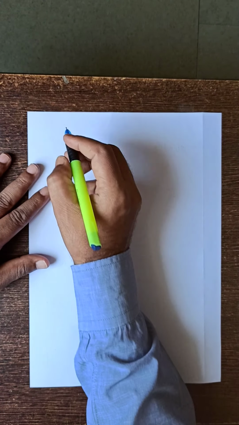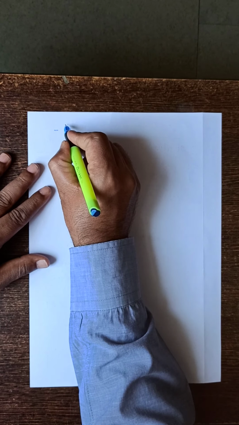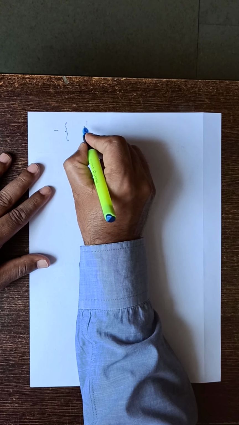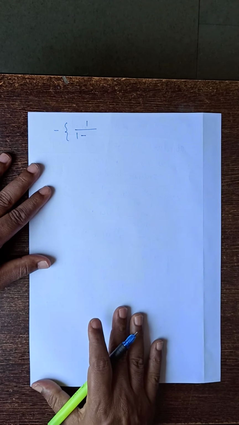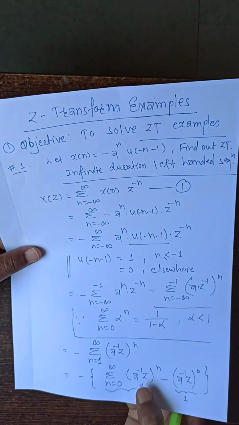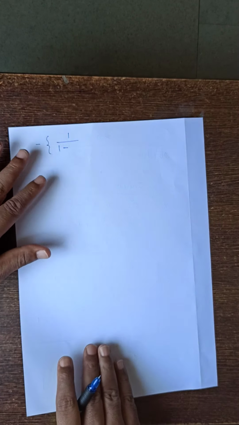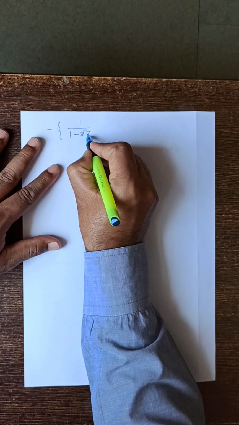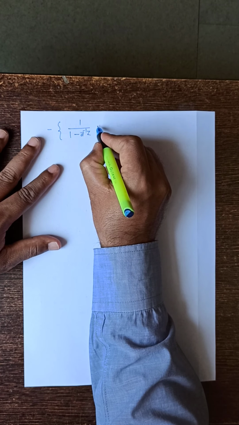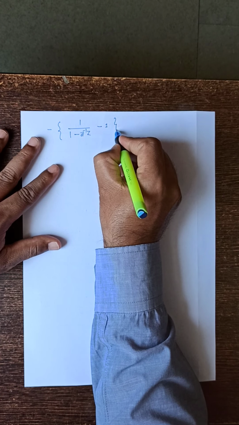So this is equal to minus, 1 divided by 1 minus alpha, so see the quantity, a raised to minus 1 z. So 1 divided by 1 minus a raised to minus 1 z, minus 1, right?